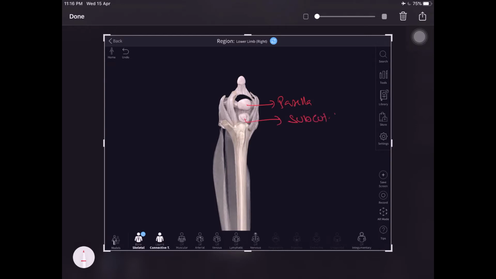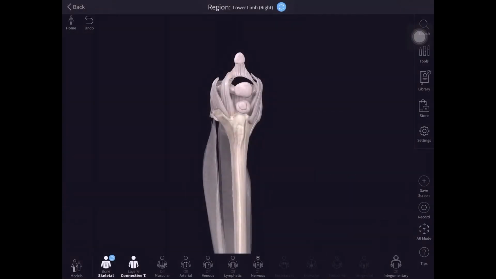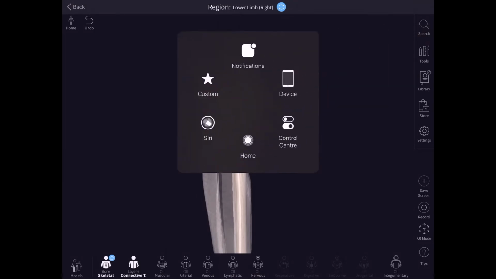This is your subcutaneous bursa, and you see there is a deeper bursa, one more, that is your deep bursa. The subcutaneous infrapatellar bursa. This one is your subtendinous, or simply you can call this the deep infrapatellar bursa. Those are the two bursae we have, and in this part we will have attachment of your ligamentum patellae. That I can show in the app.